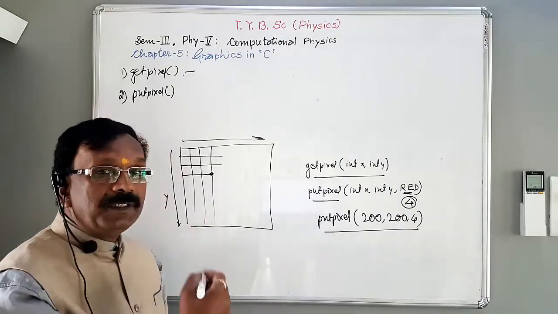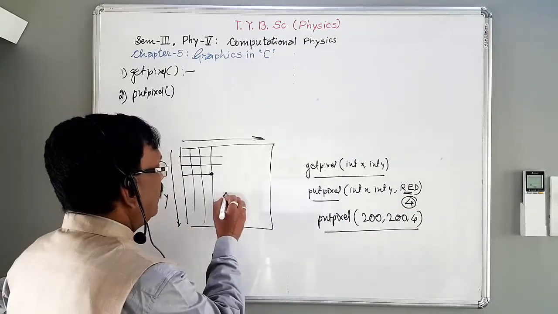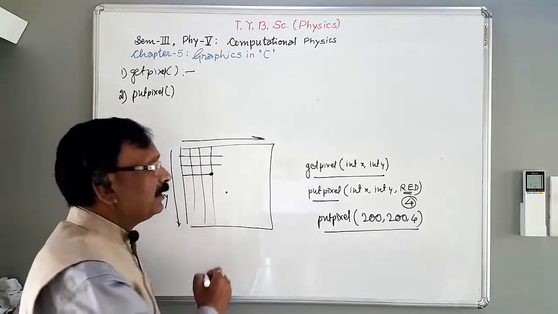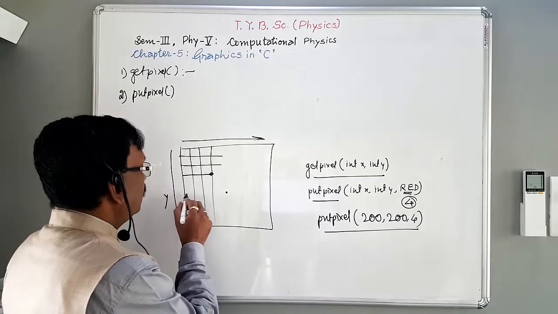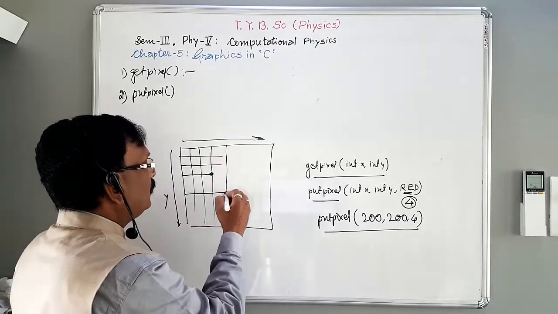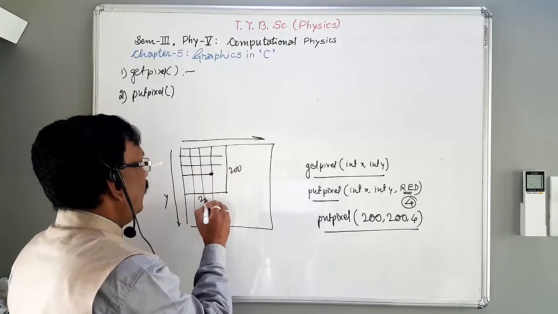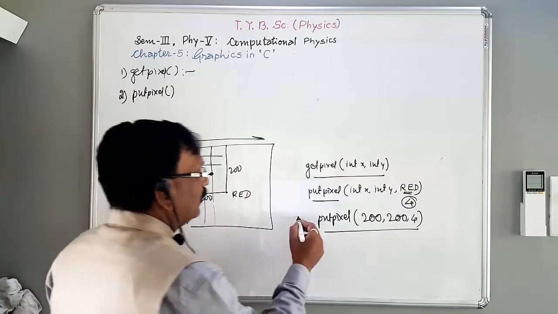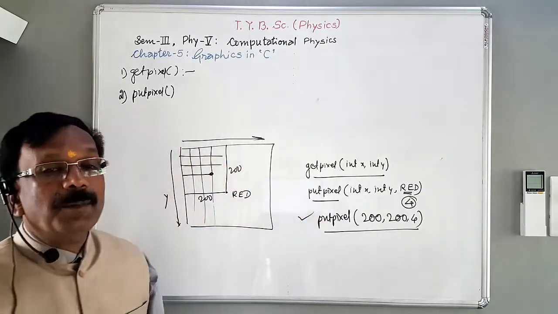When the program is executed, a pixel is plotted on the screen whose x coordinate is 200, whose y coordinate is 200, and the color of the pixel is red after the execution of this command.